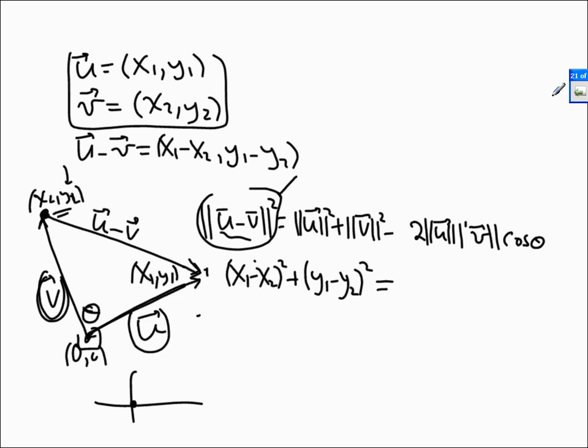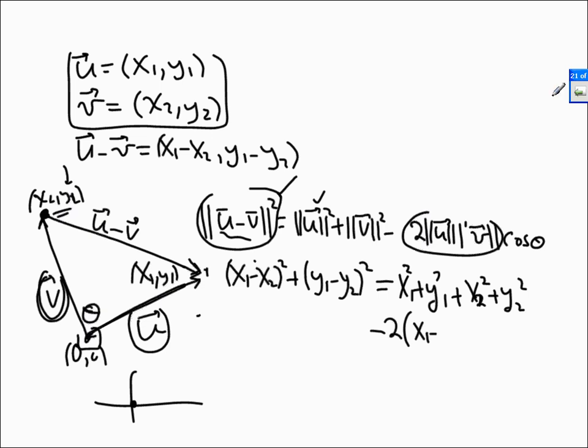And this is equal to the length of u squared, which is x1 squared plus y1 squared, plus the length of v squared, which is x2 squared plus y2 squared, minus 2 times the length of u, which is the square root of x1 squared plus y1 squared, since it doesn't tell me to square the length, times the length of v, which is the square root of x2 squared plus y2 squared, times the cosine of theta.